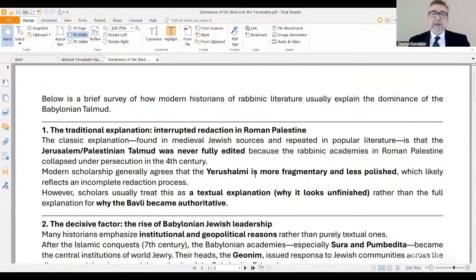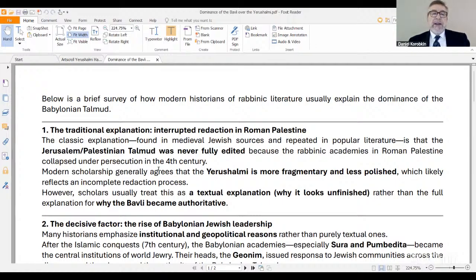Below is a brief survey of how modern historians of rabbinic literature usually explain the dominance of the Babylonian Talmud. Number one, the traditional explanation, which is what we just read: interrupted redaction in Roman Palestine. The classic explanation, found in medieval Jewish sources, and by the way, the traditional term in English for the Talmud Yerushalmi is the Palestinian Talmud. Don't read anything into that. That's what it was called in the early 20th century, when anything coming from Eretz Yisrael was called Palestinian, right?